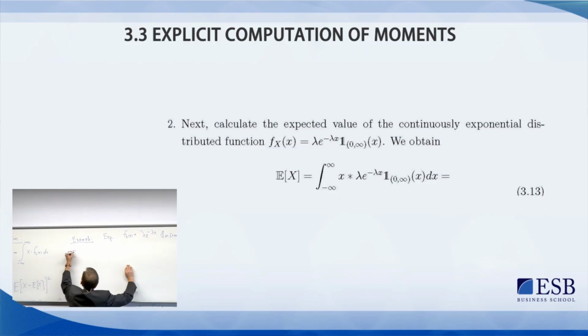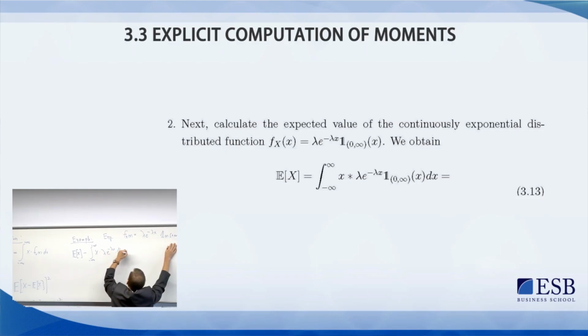The expectation of a random variable distributed according to this density is, by my definition, the integral from minus infinity to plus infinity of my random variable x times this density function. So let's copy and paste: lambda times e minus lambda x times the indicator for my variable x from 0 to infinity, dx. I just substituted the density function inside my integral.